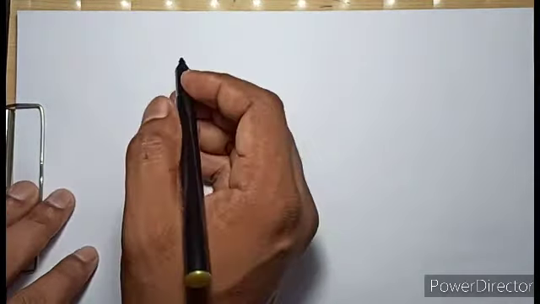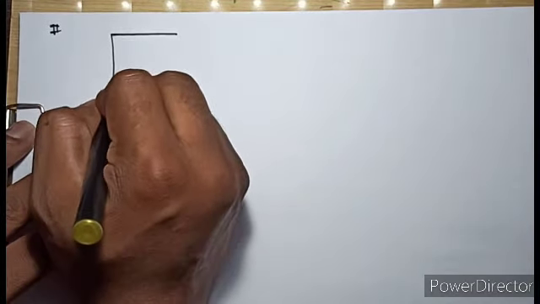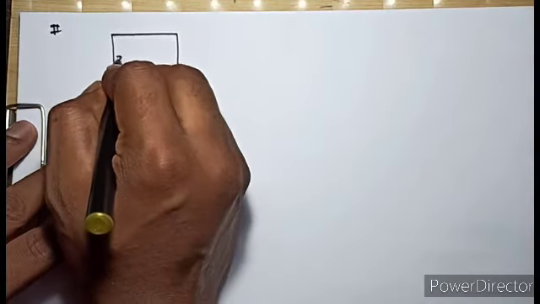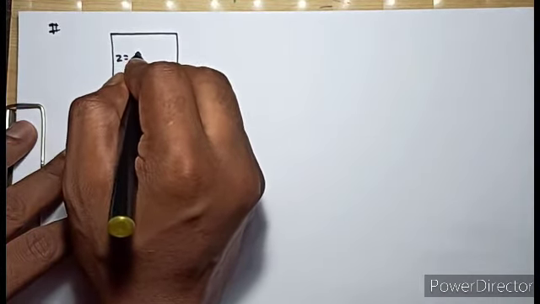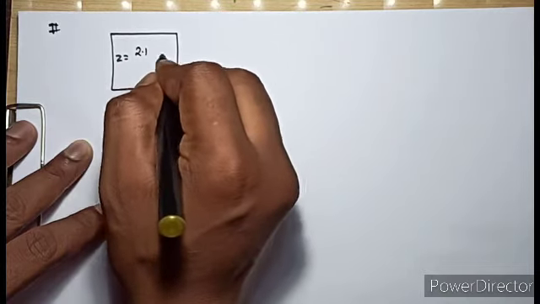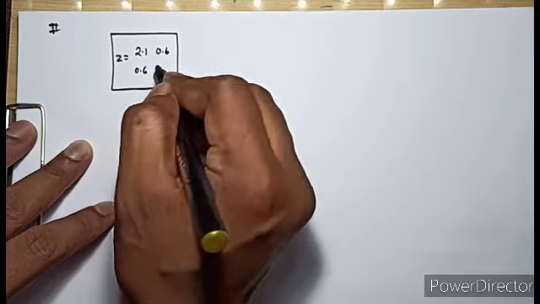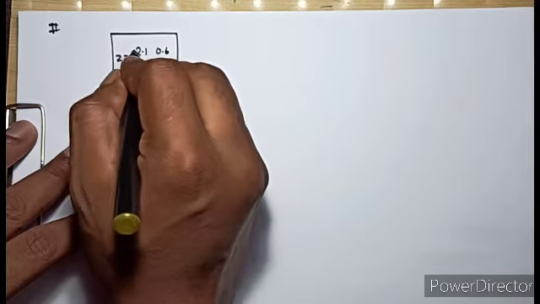Right. The question is, consider this circuit whose Z parameters are 2.1, 0.6, 0.6 and 1.6.